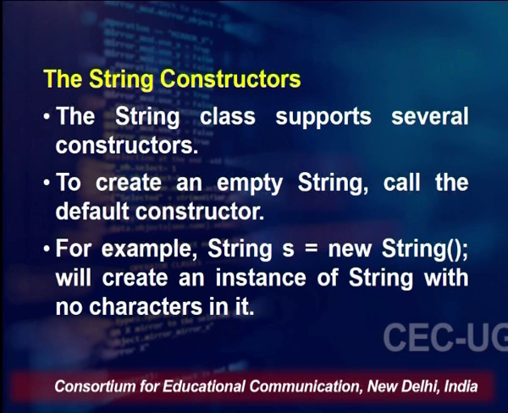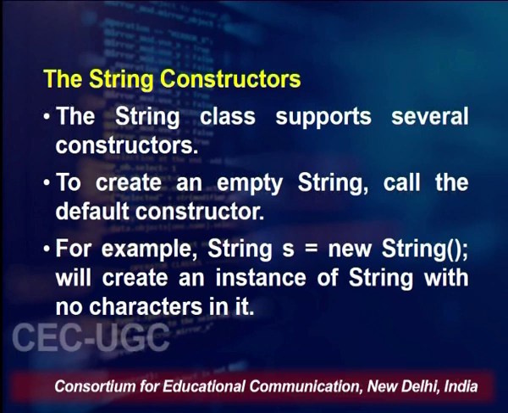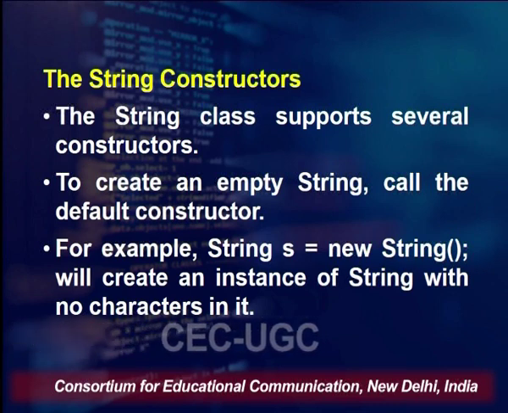Another one can be a string having some particular value. Third one may have some particular characters or values coming from another string, and so on. So, what I am trying to say here is that the String class supports several constructors through which the objects of this String class can be created.